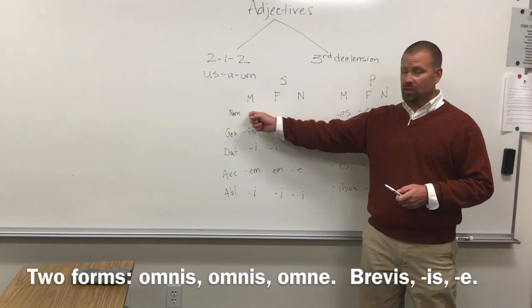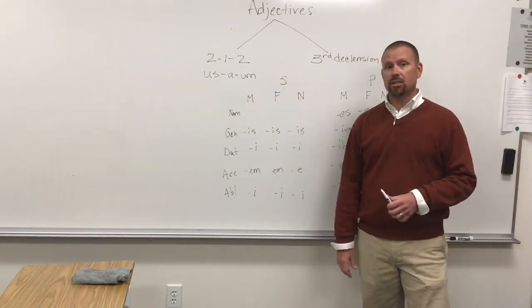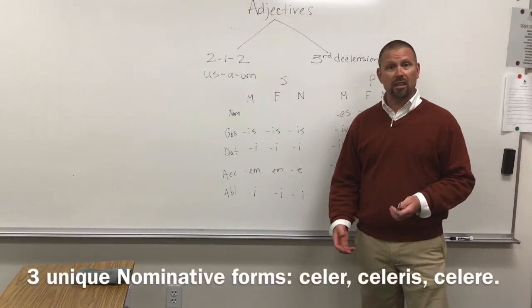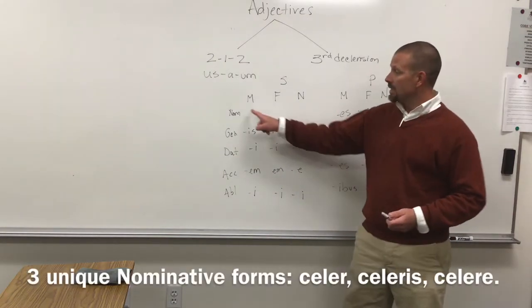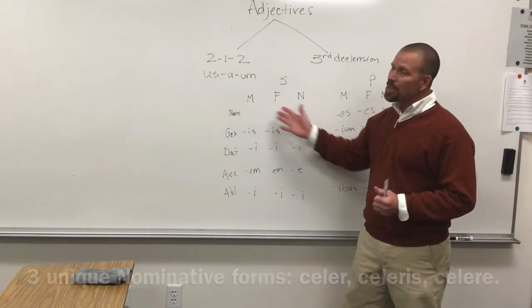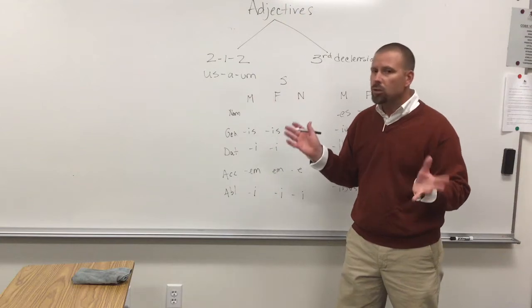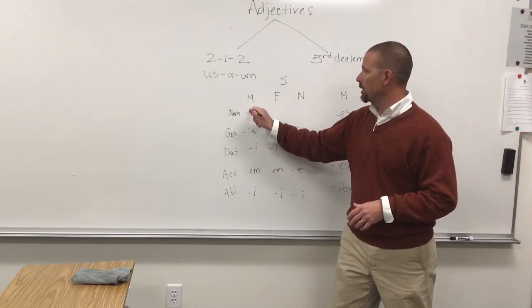That goes omnis, omnis, omne. And there are some adjectives that have three different forms, like the adjective that means fast: celer, celeris, celere. So the nominative can vary, but for most adjectives, it's going to go is, is, e.